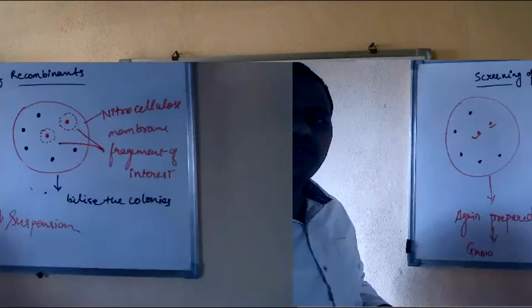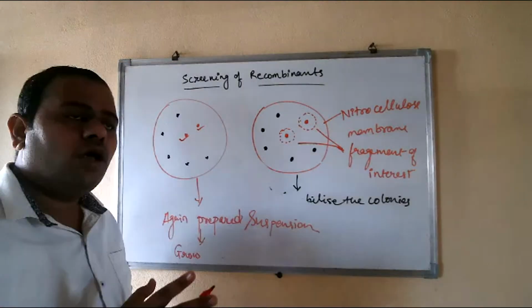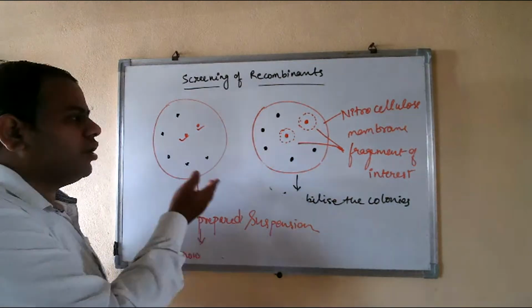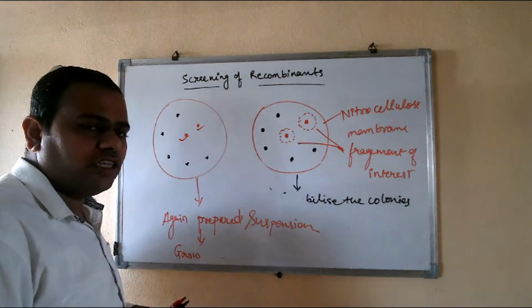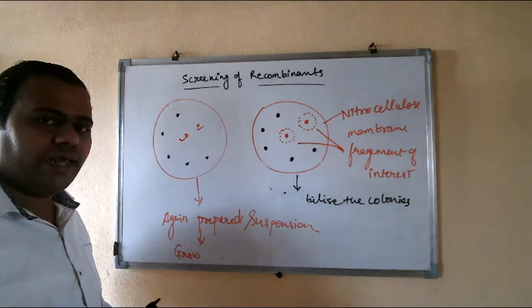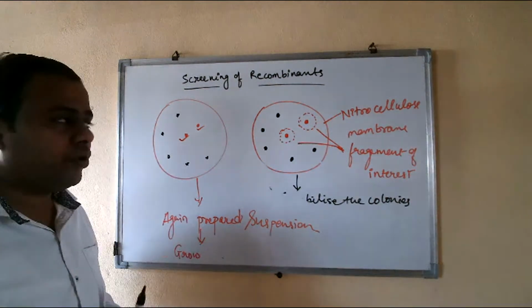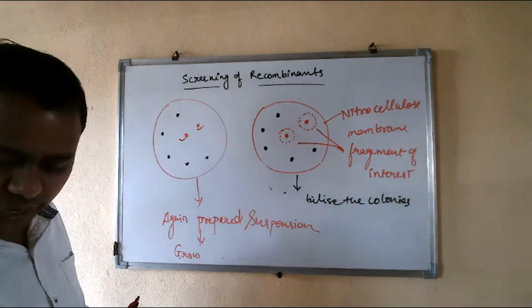So these two colonies will form a particular suspension. They have our fragment of interest, and you can grow those colonies further to get the particular bacteria which have the gene of interest that you put into them. So this is called the colony hybridization technique.